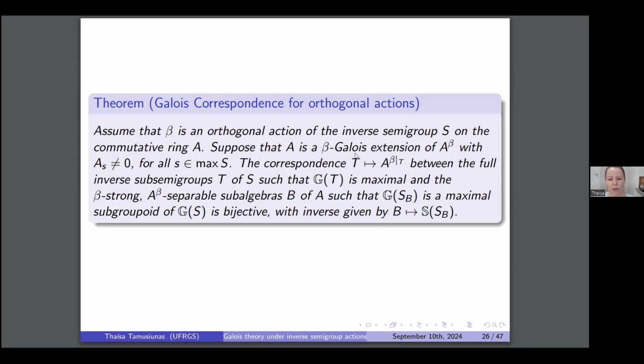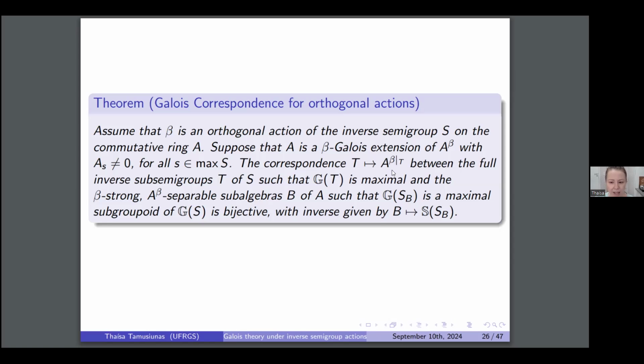And then we have a correspondence that is bijective between some inverse subsemigroups and some subalgebras. And here, on the left side, we have inverse subsemigroups T that are full, and also such that the functor G applied on T is a maximal groupoid, considering the associated inductive groupoid.